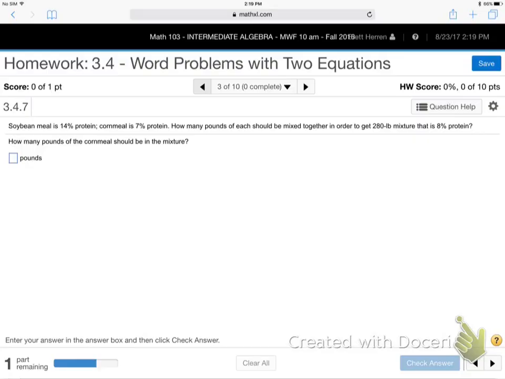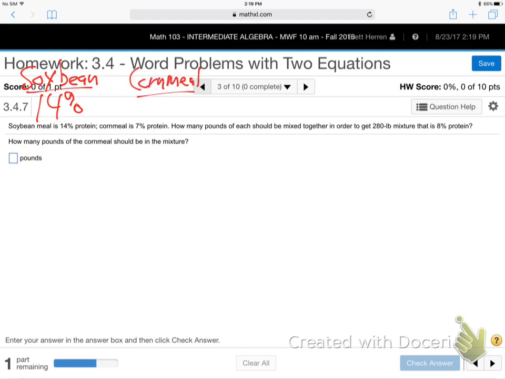Okay, so here come the mixture problems. Soybean is 14% protein. Cornmeal is 7% protein.